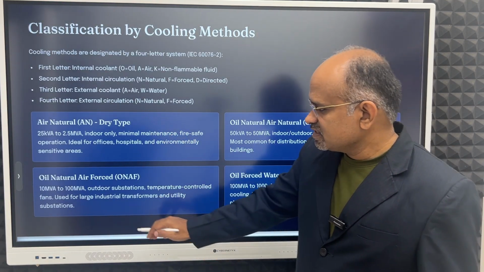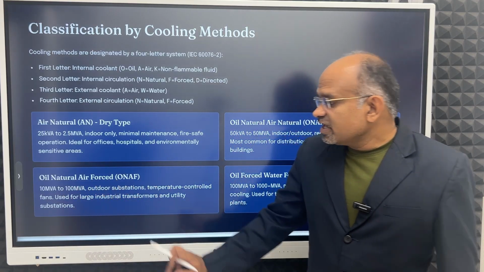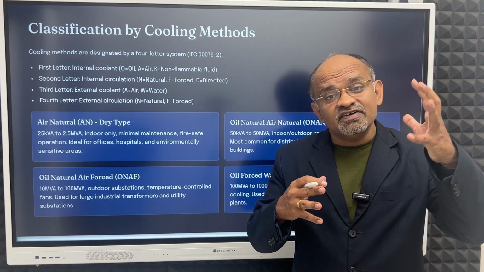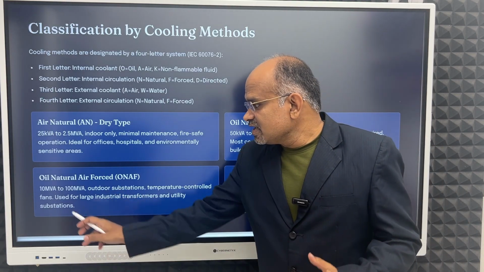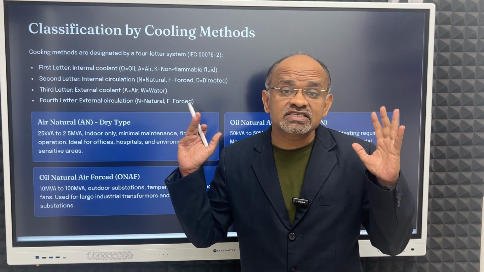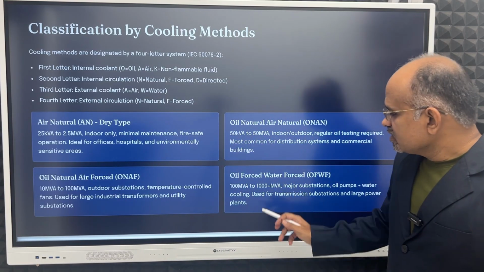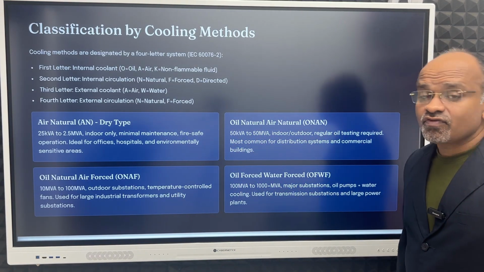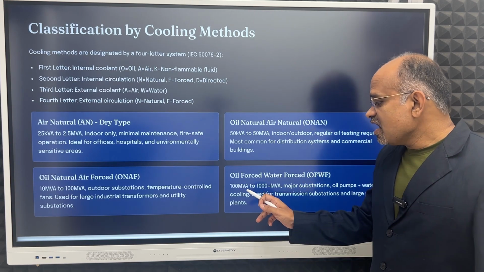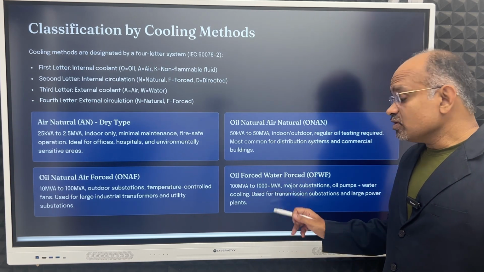Then oil natural, air forced. I told you air fans are on the fins. Capacity is 10 MVA to 100 MVA. Now size is going bigger and bigger. Then oil forced, water forced. These are humongous transformers, 100 MVA to 1000 MVA.